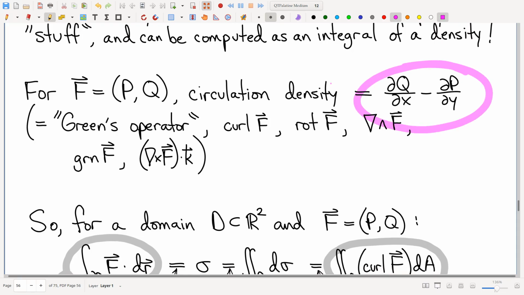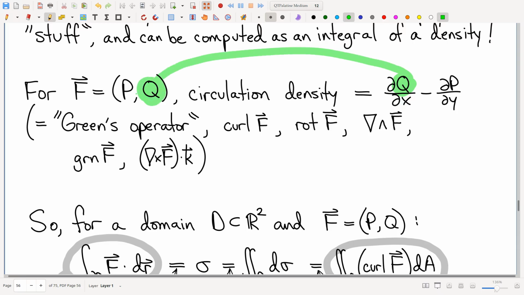Do be careful with this formula. When we say dQ dx, this doesn't mean whatever in the problem happens to be called Q. It means whatever is the second coordinate of the field whose curl you're computing. So x partial of the second coordinate minus, and likewise, y partial of the first coordinate.